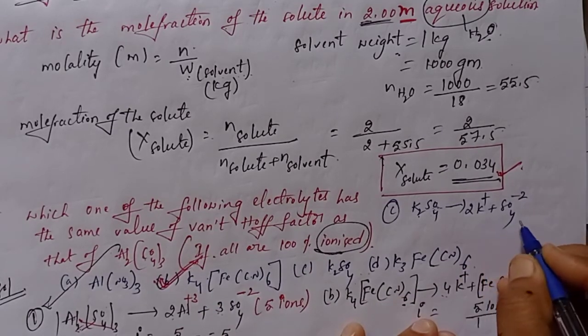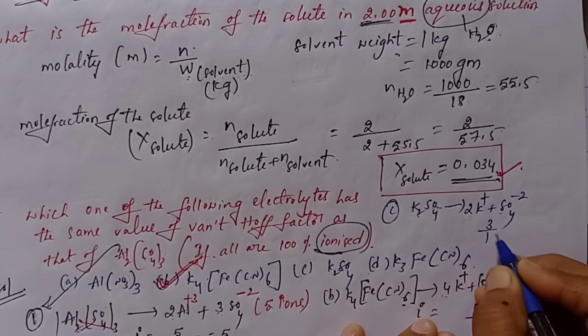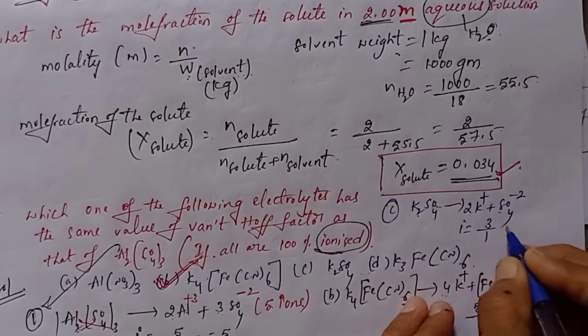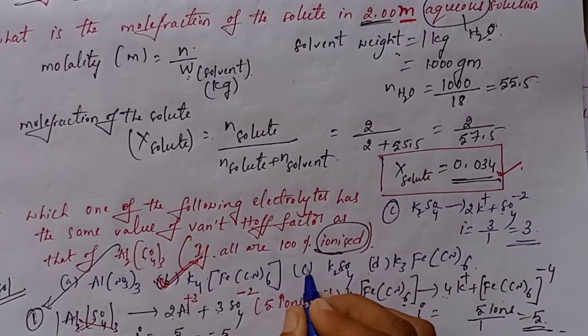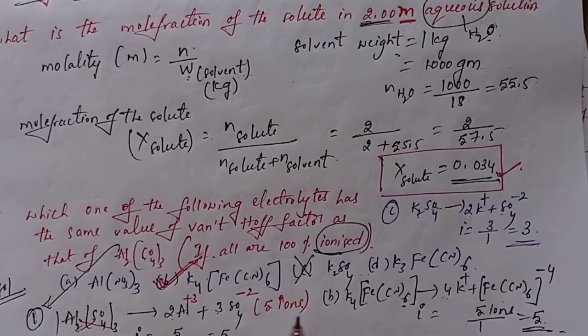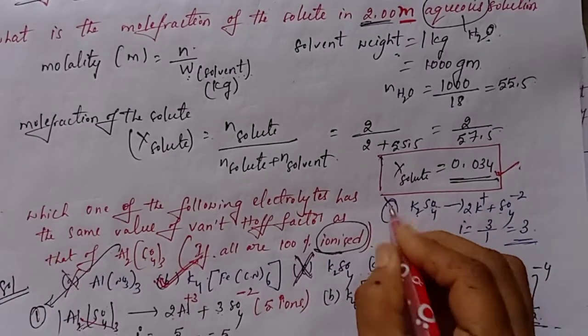Then total how many ions, students? 3 ions, 2 here and 1, so 3 ions divided by total before dissociation 1. So how much, students? 3. i is equal to 3. So this is also wrong. Are you following, students? Understood? So this option is wrong.